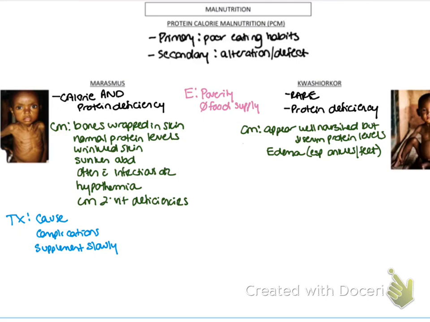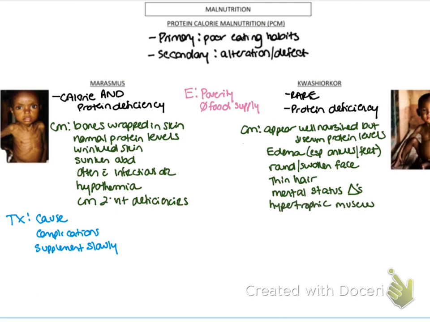And then they get the big old belly. They get a round, swollen face. You have to be careful with fluid shifts, like things like mental status changes, because the fluid is shifting. They have really hypertrophic muscles, so although they appear well nourished, they don't have normal muscle development.